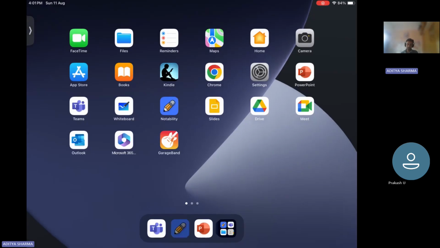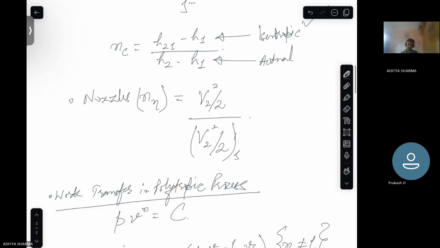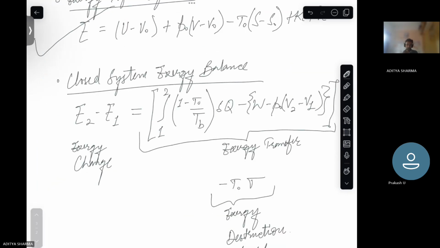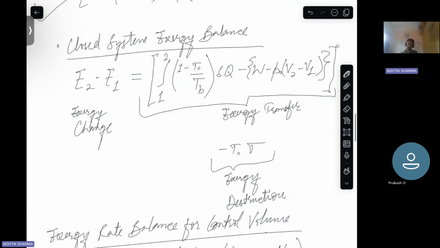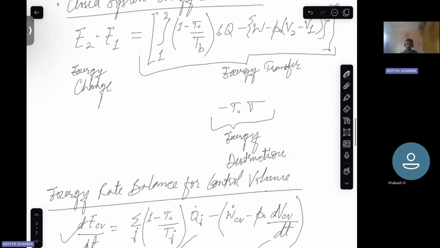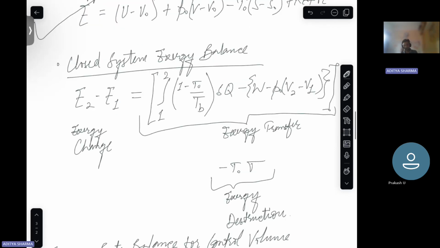You see the exergy balance, right? For both a closed system and for a control volume. In that case, you will see the exergy is being destroyed, right? Exergy destruction is there because of irreversibilities in the system, right?